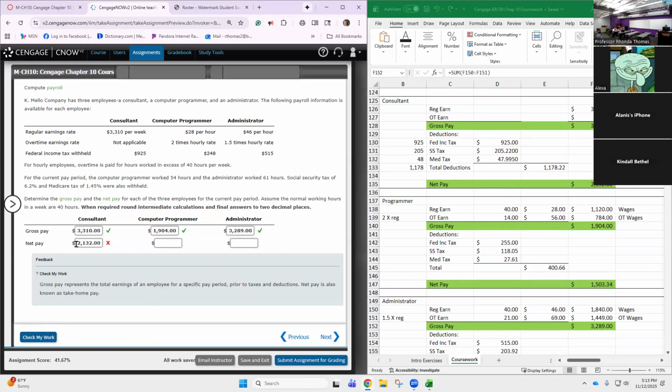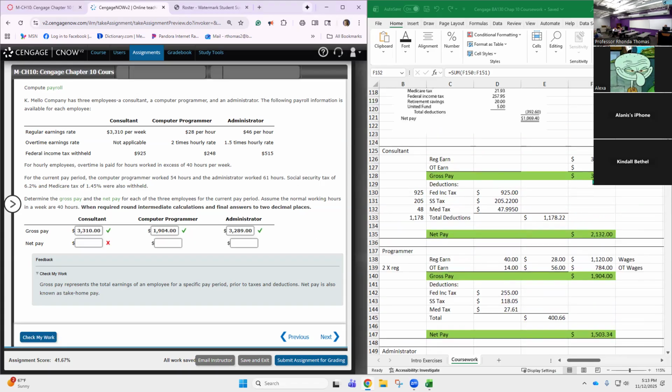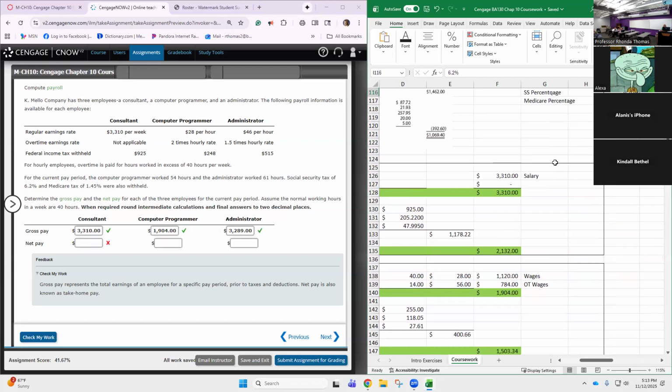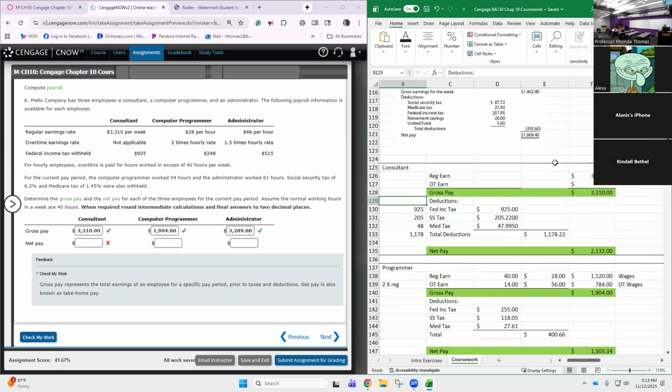Let me see where we're at with this net pay, because last time I did this, it worked okay. But last time we used 6%, and I hope they changed it in the answers here, because they're saying Social Security tax is 6.2%. That's what I think I have up here, 6.2% and 1.45%.